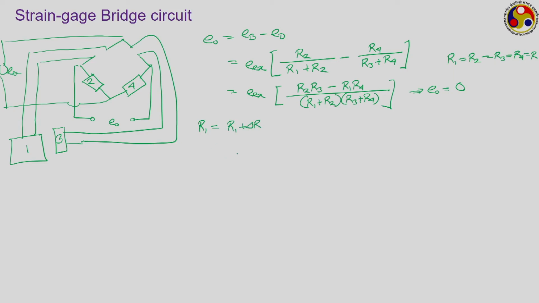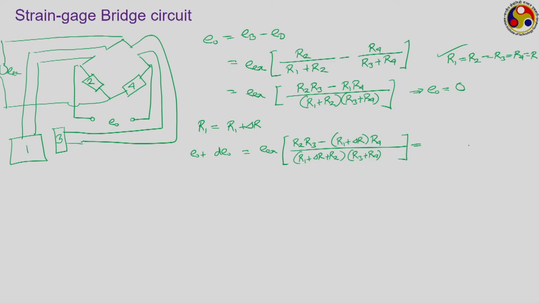So, the corresponding change in voltage, E naught plus dE naught, will be equal to R2 R3 remaining unaltered, R1 becoming R1 plus delta R, into R4 divided by R1 plus delta R plus R2, into R3 plus R4. And if we put R1, R2, R3, R4 all equal to R, that is their initial values all equal, then what are we going to get?